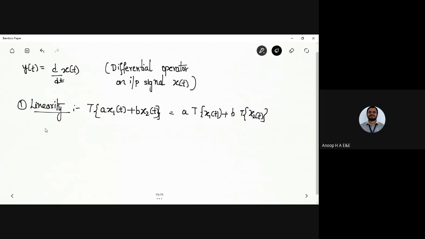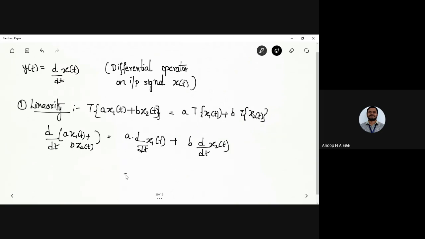Got it? So I have d by dt as the operator which is applied to a times x1 of t plus b times x2 of t. That would be equal to a d by dt of x1 of t, plus b times d by dt of x2 of t.